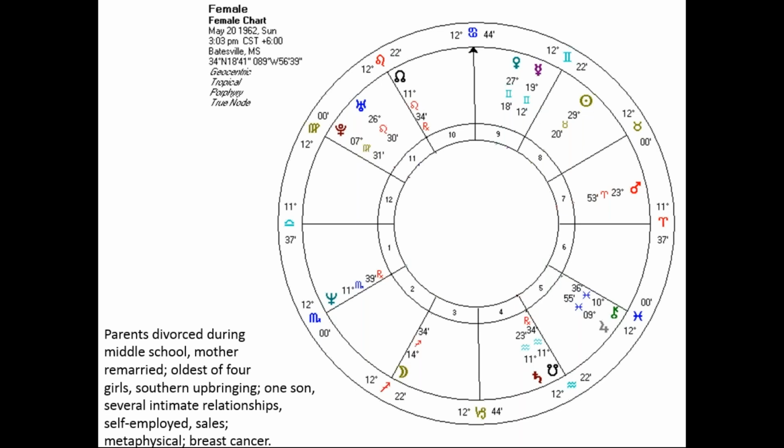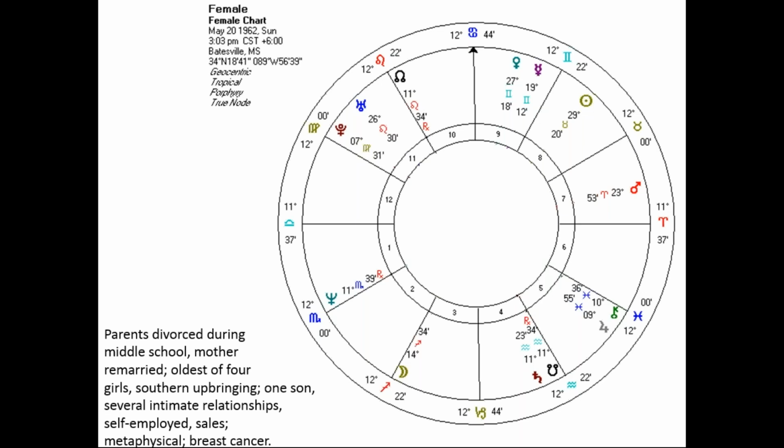That Leonian North Node ego would just really be able to charge forth and go. But what would happen here with this Neptune square the nodes is there wasn't a consistent process with it. It would tend to be one extreme or the other.